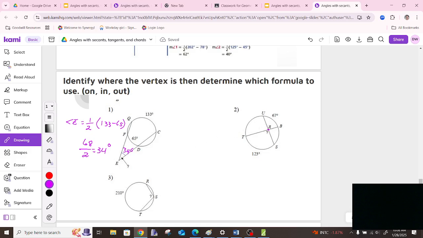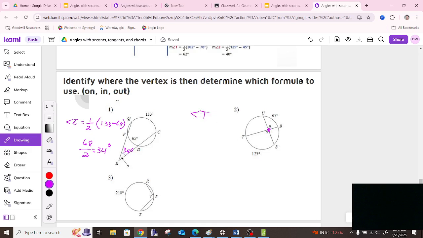And now we're on the inside of the circle. What's the formula we use then? It's 1/2 and you add, right? They're wanting angle TRS.